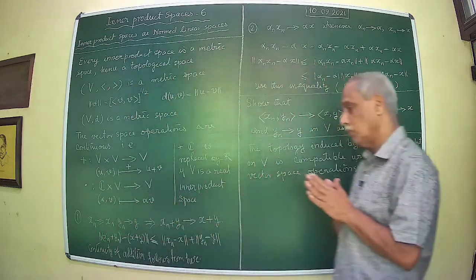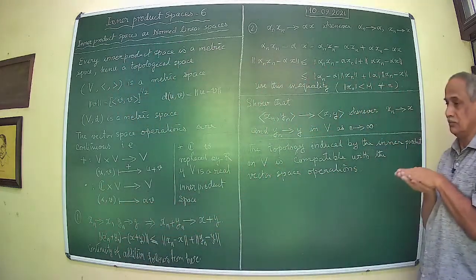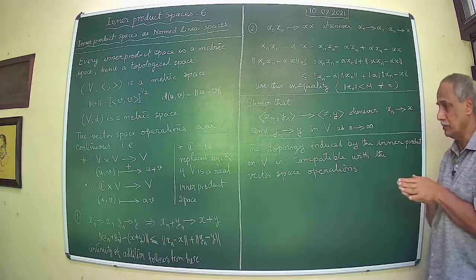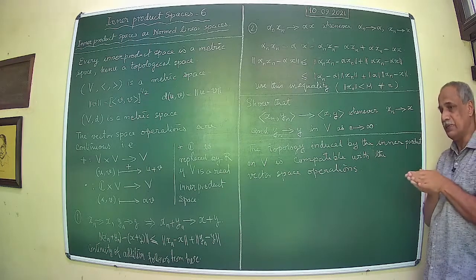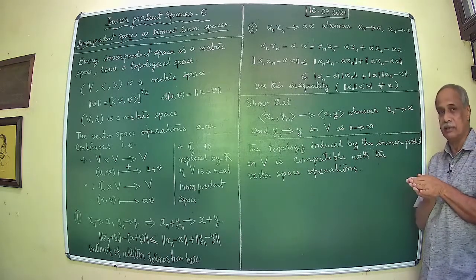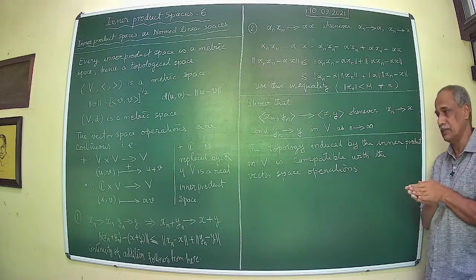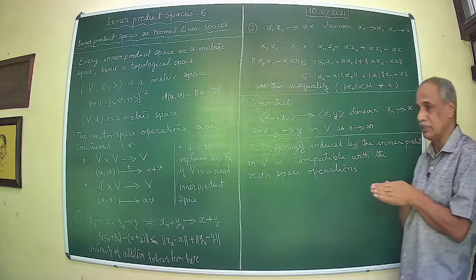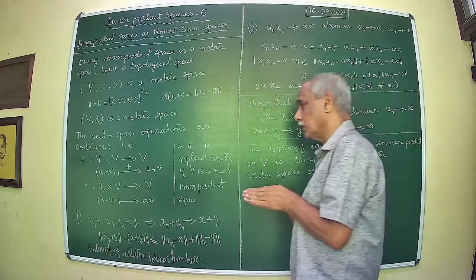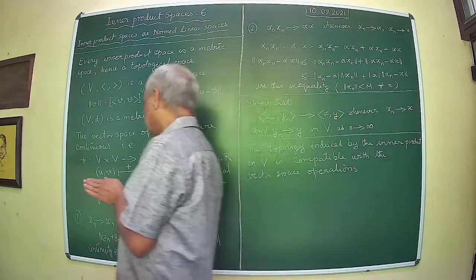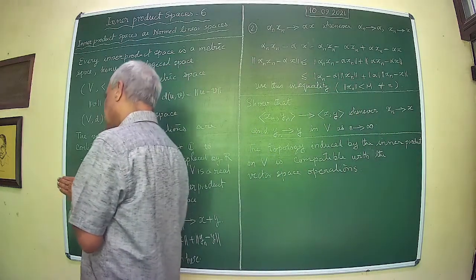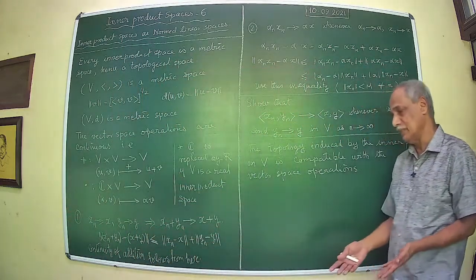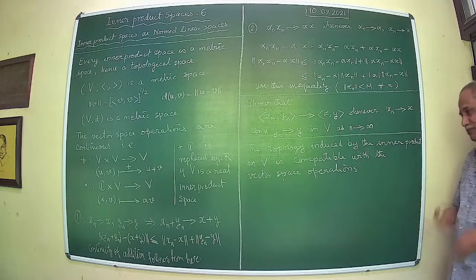Now, what we demand for smooth working, that is the minimum demand that you make on the choice of the topology, is that these vector space operations are continuous as maps from V cross V to V and C cross V to V. Now, this is a very natural thing that you demand. Then you see that your life becomes very simple.